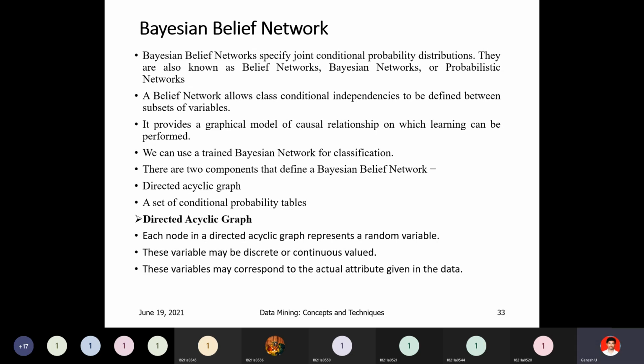What is a directed acyclic graph? Each node in a directed acyclic graph represents a random variable. Random variable, any variable that may be any property. For example, to predict a fever, or to predict corona, what are the features? Cough is one feature, fever is one feature, body pain is another feature, like that.